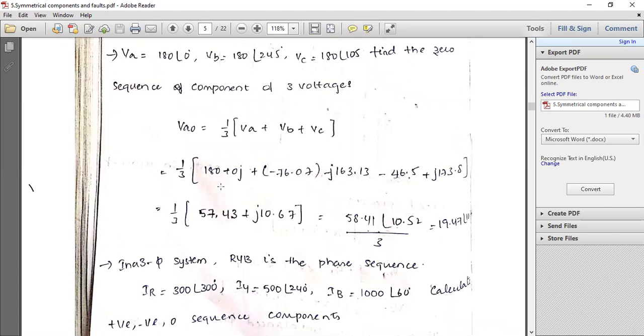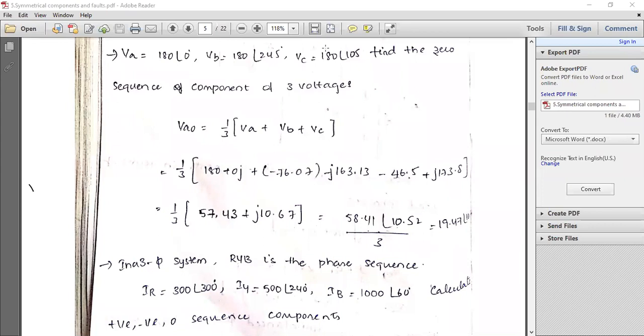Okay, please all of you see this. The problems are very easy to solve in symmetrical as well as unsymmetrical fault analysis, but you need to focus on what the given data is, how to proceed to find the unknown data, and what you are asked to determine. Here VA, VB, VC are all unbalanced phasors, and you have been asked to determine the zero sequence component.